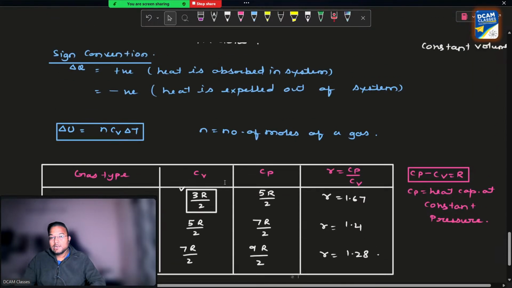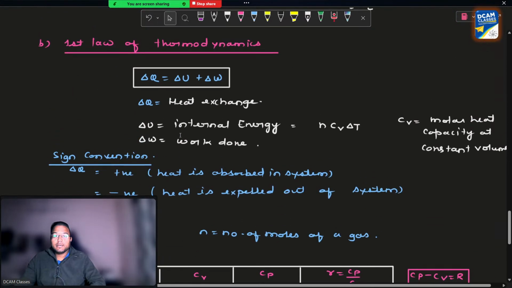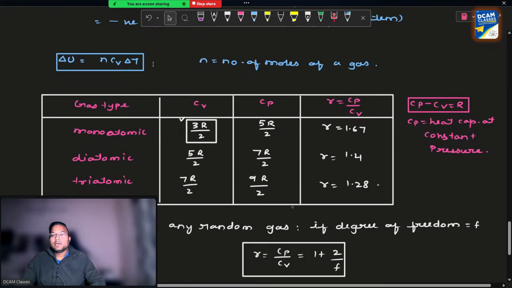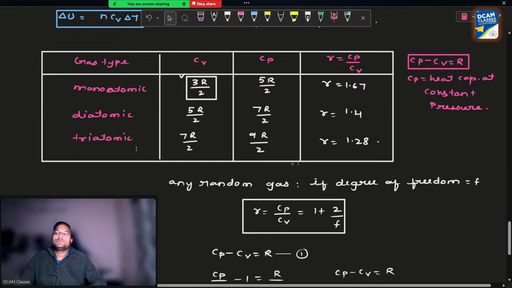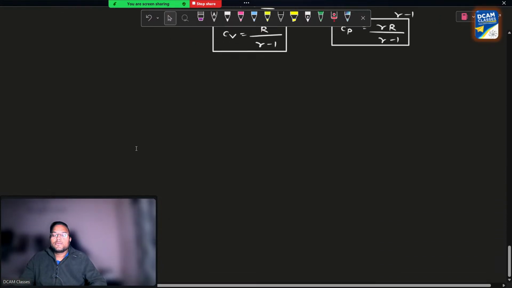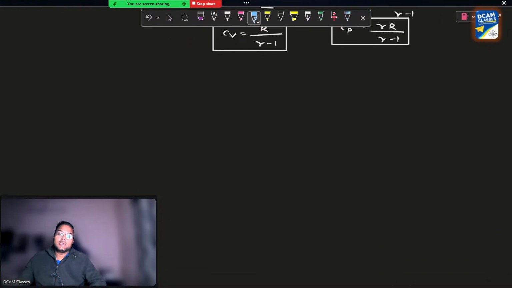As I was telling about, let me complete the sign convention. Internal energy is same, delta U. It depends on the temperature only. So there is no sign convention for this. Sign convention for work is very peculiar. You have to be careful here.